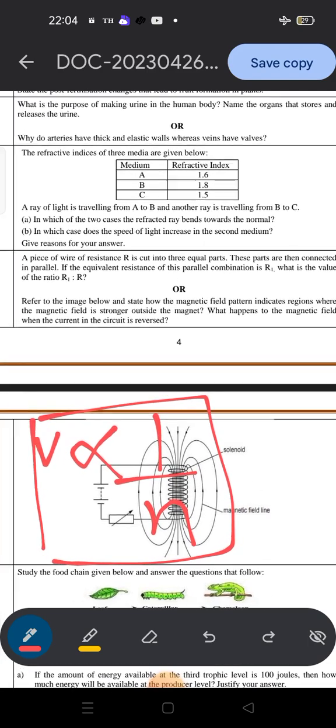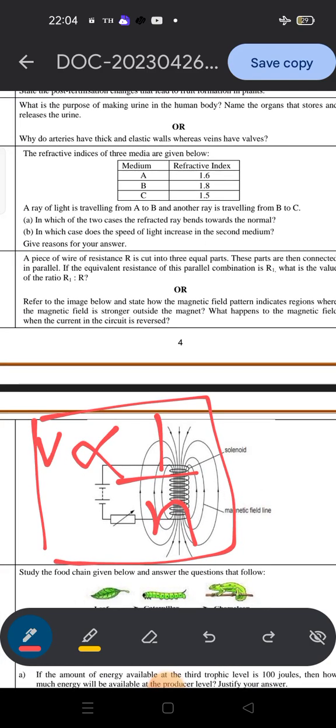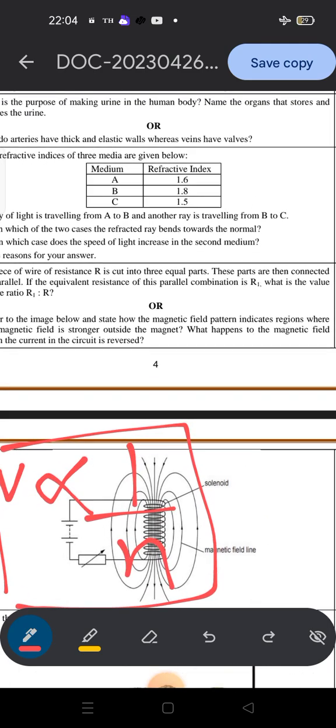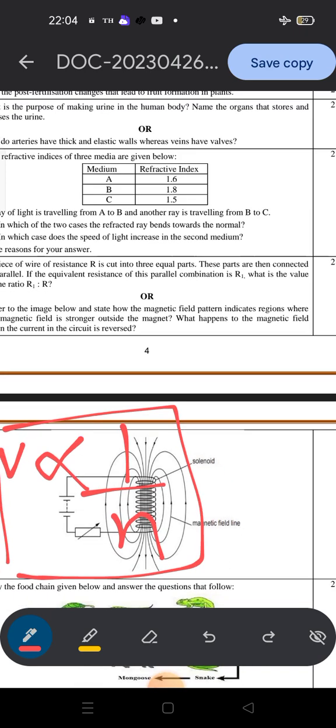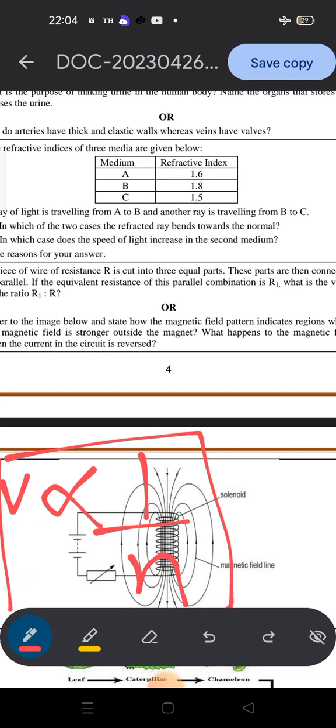Now if you take the first case, where the ray of light was traveling from A to B, it was traveling from a medium of refractive index 1.6 to a medium of refractive index 1.8. Now in which of these two media, A and B, will the speed of light be more?